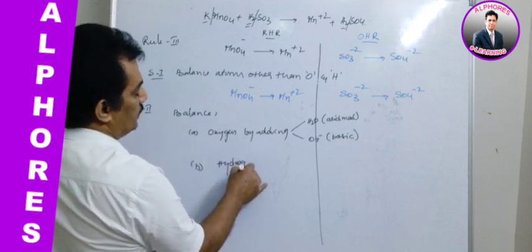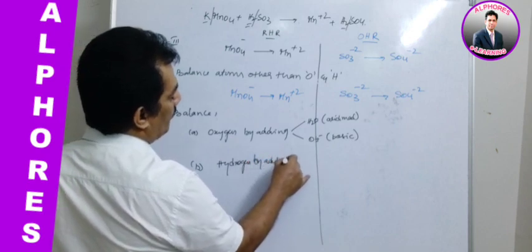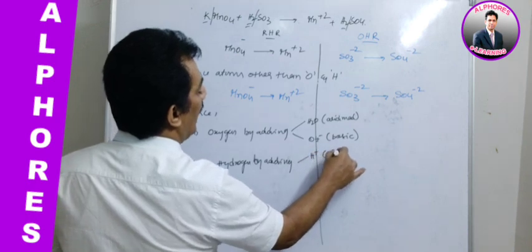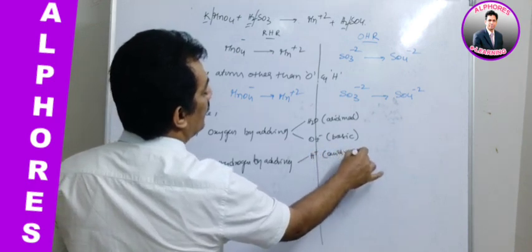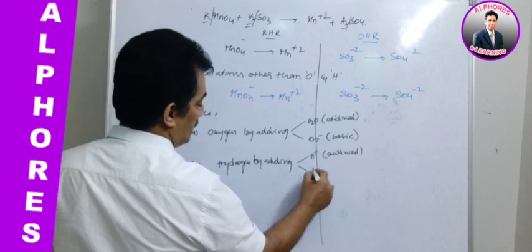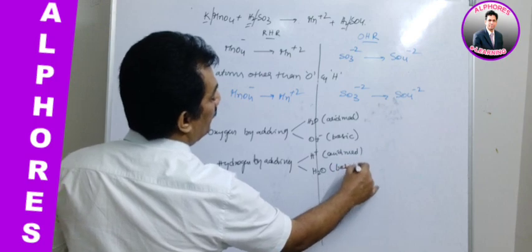And then B, balance hydrogen. How to balance hydrogen is by adding H plus for acid medium and H2O for basic medium.